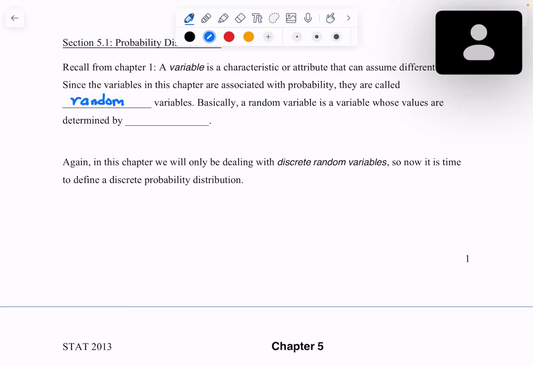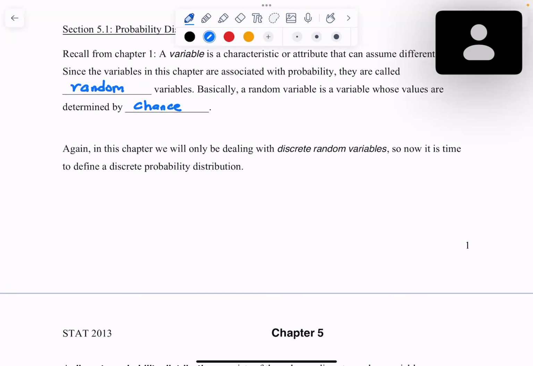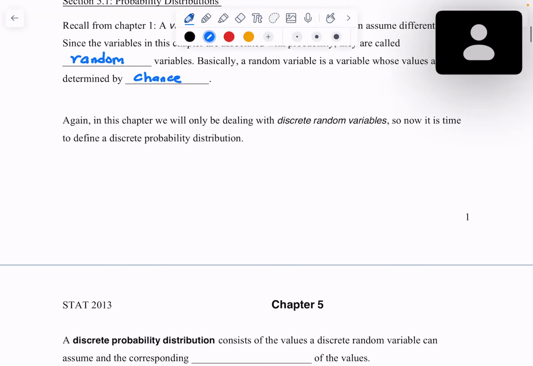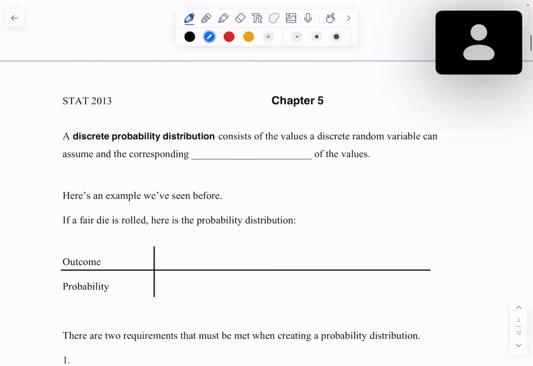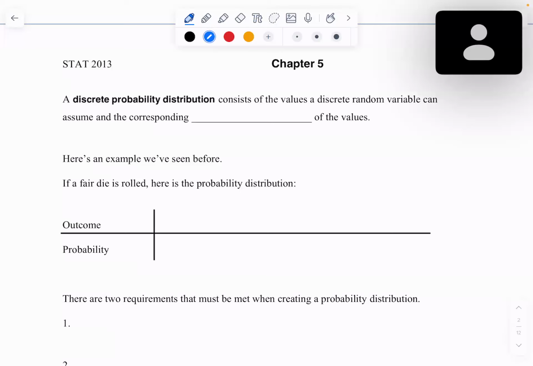So basically, a random variable is a variable whose values are determined by chance. And a discrete probability distribution lists all the possible outcomes and the corresponding probabilities. So a discrete probability distribution consists of the values a discrete random variable can assume and the corresponding probabilities of the values.